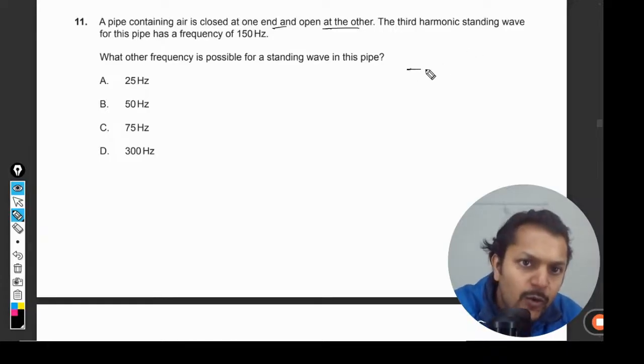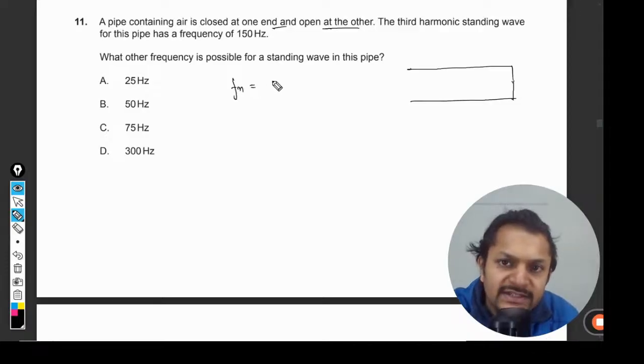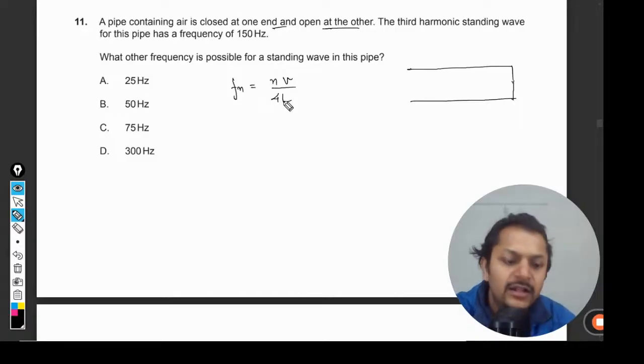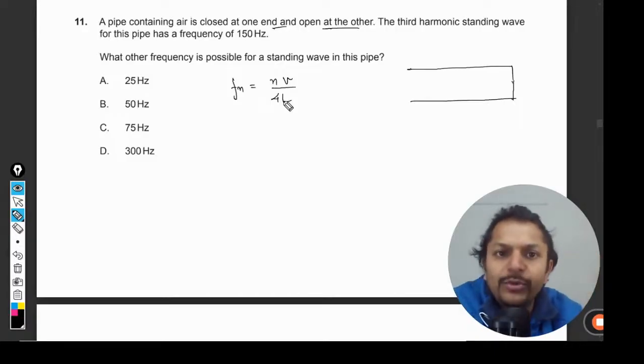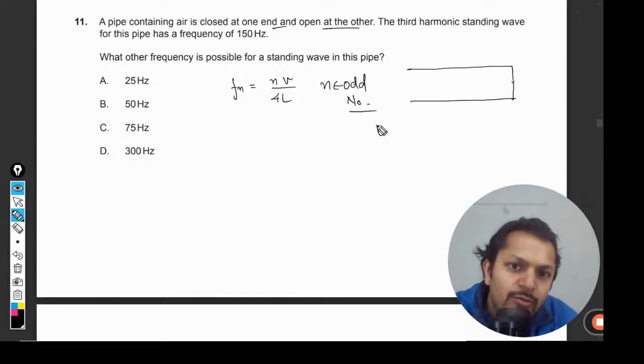Clearly, one end of the pipe is closed and one end is open. So in this case, we know that the general formula for this is given by N into V divided by 4L, because one end is closed and one end is open, where N can be only an odd number. So even harmonics are absent.